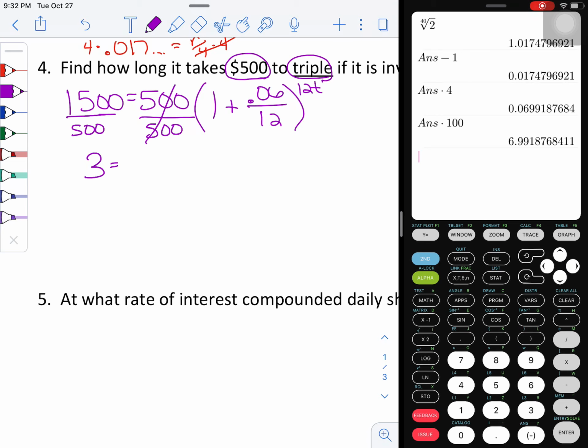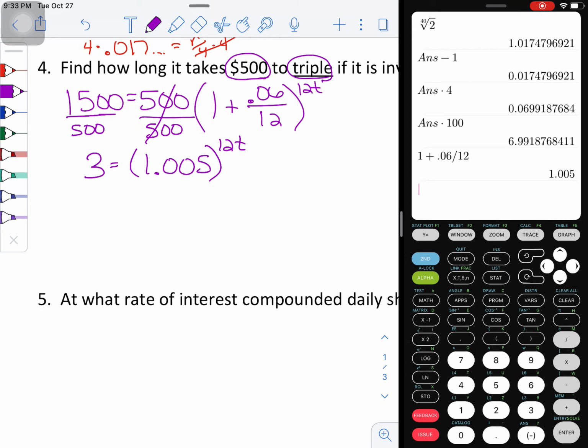And then I'm going to take this whole parentheses here and figure out what that is. So 1 plus 0.06 divided by 12 is going to equal 1.005 raised to the 12t power. That looks like fun.